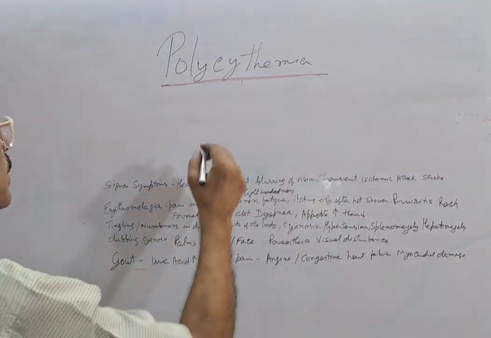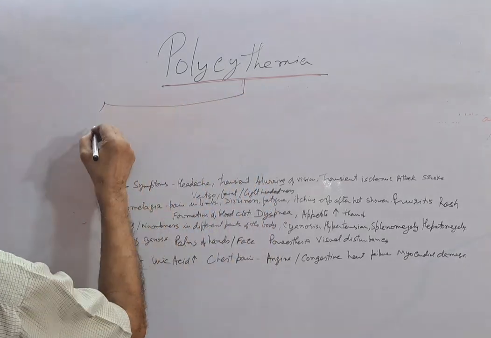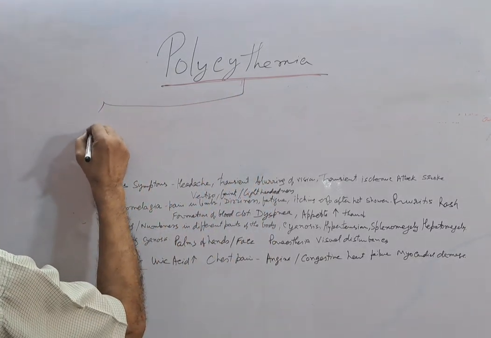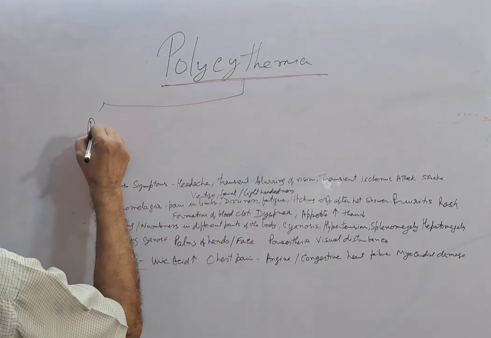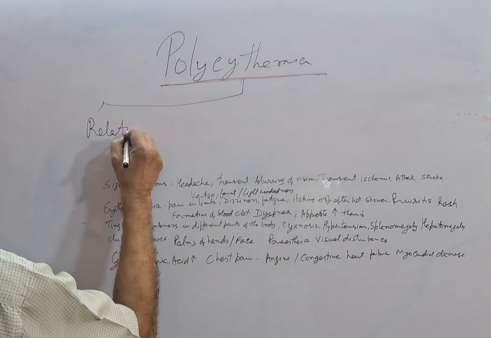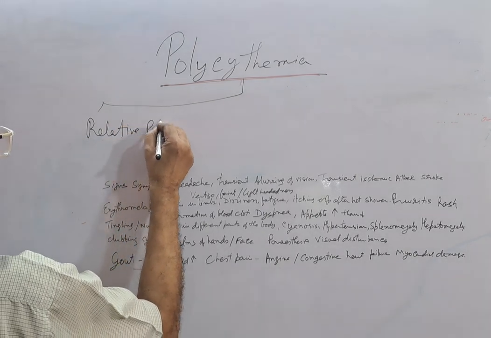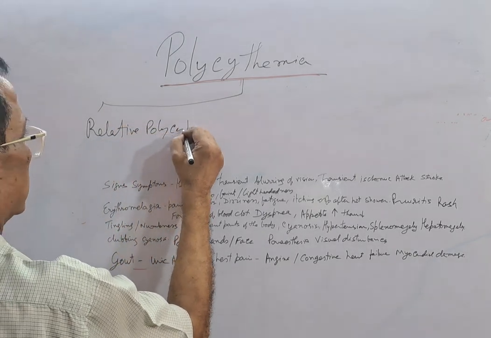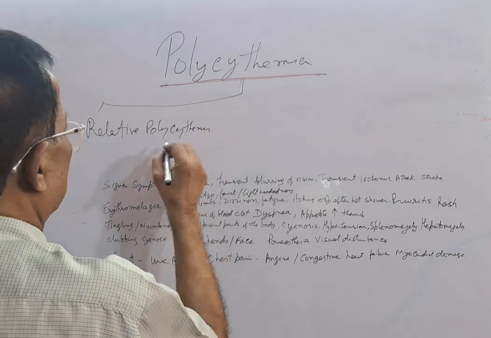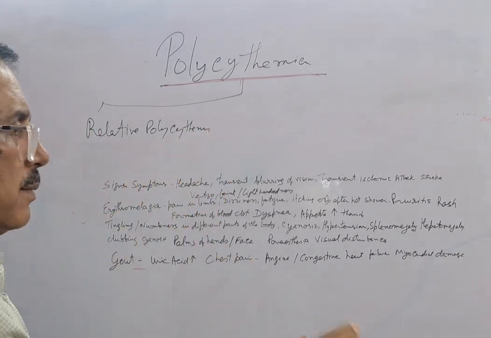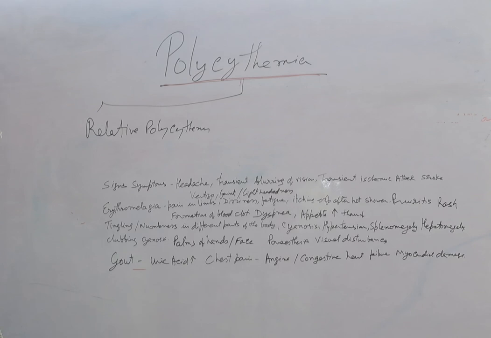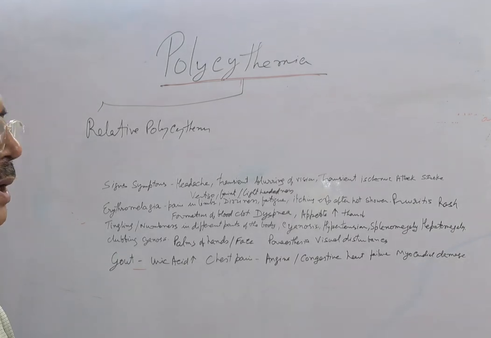Polycythemia may be divided into number one, relative polycythemia. Relative polycythemia is due to decrease in blood volume or plasma volume, loss of fluid from the body.